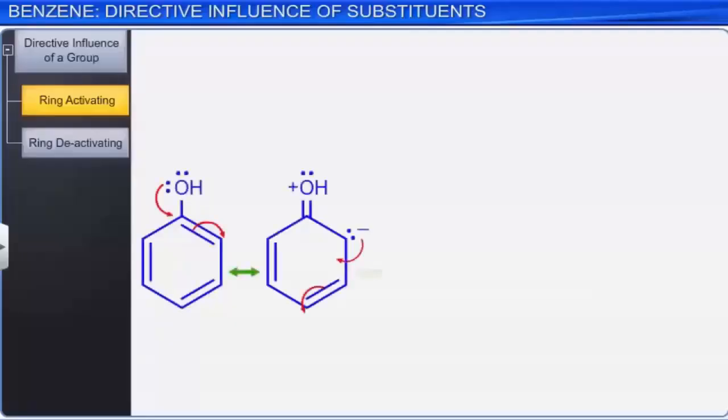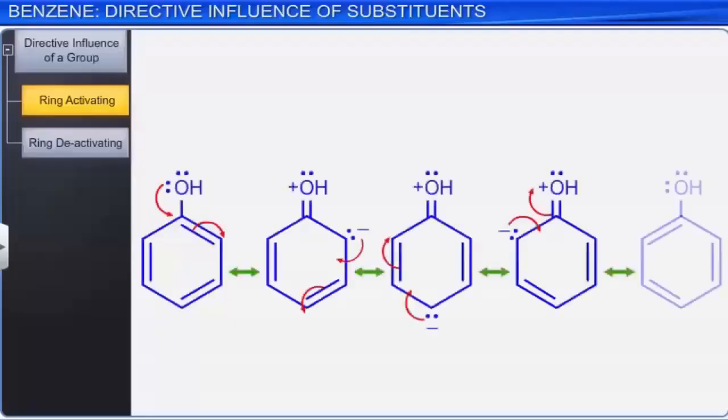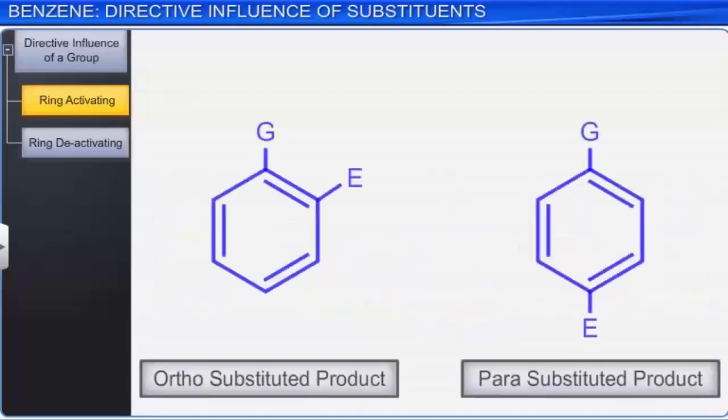The following resonance structures of phenol show that the electron density is much concentrated at ortho and para positions than that at the meta position. Thus, ring-activating groups are said to form ortho and para substituted compounds in major amounts.